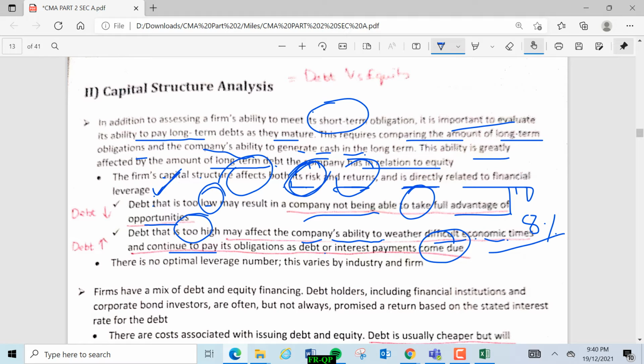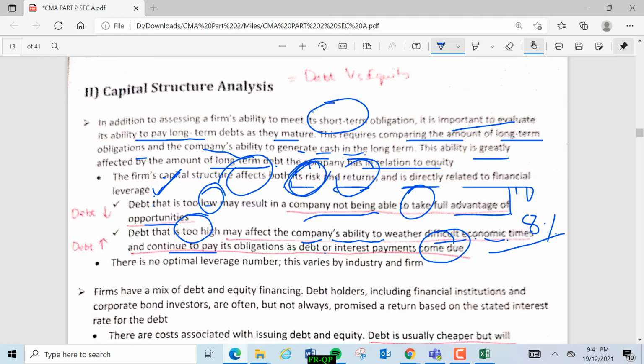You can be in trouble because in an economic slowdown, if your whole earning is 6% and you have an obligation of 8%, you may face more difficulties. So if it is too low, you are not able to take the advantage, but if it is too high, then there is a risk that you are not able to pay your obligation, either at redemption time or at the interest time.